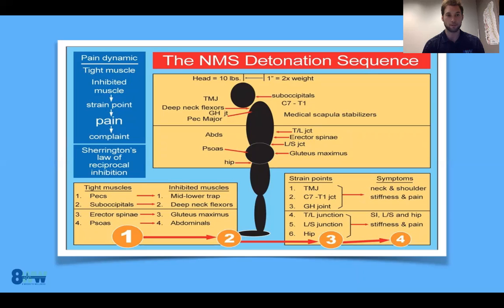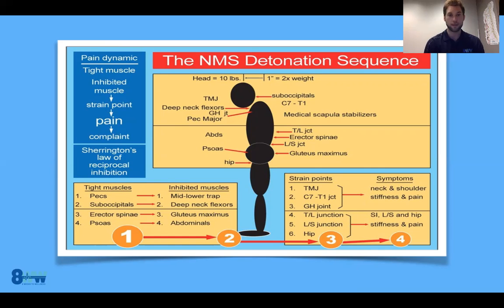So we're talking about reciprocal inhibition. Basically what that means is, as one muscle contracts, the opposite muscle is going to relax. So as I contract my bicep, reciprocal inhibition means that because my bicep's contracted, my tricep is relaxed. Okay, it's just the opposites. That goes true for posterior chain or anterior chain.